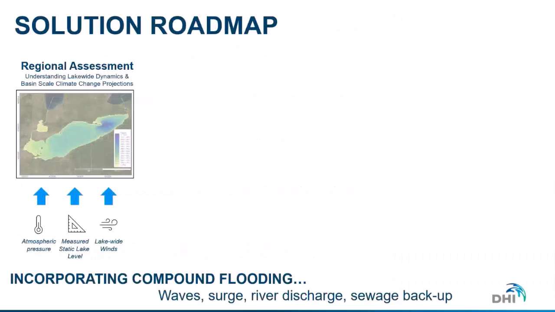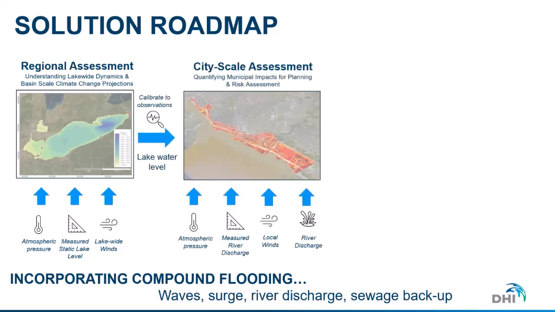So the roadmap, and this is specifically DHI's component of this project. There were other components done by Ramble, but we very much focused on the modeling, which was to first look at the situation regionally. So we had a regional model of Lake Erie, across which we simulated these various storm surge and seiching events. We then had a citywide model, where we're driving the model with things such as river discharge and looking more at additional overbank flooding that will occur concurrently with the storm surge.